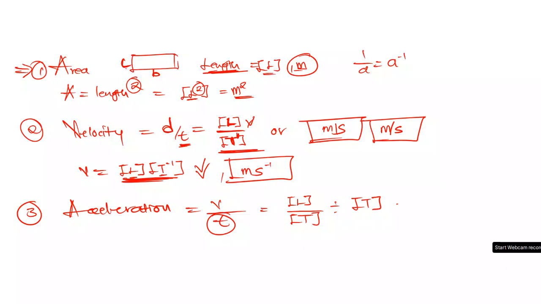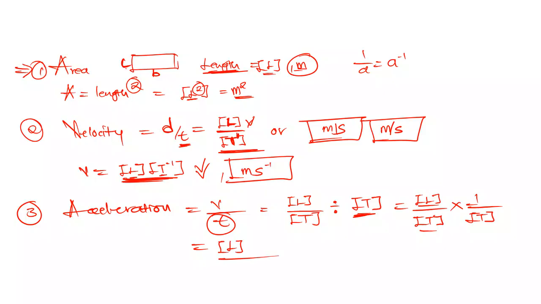When we are dividing, we say L over T. So we are going to change the sign from division to multiplication, but we have to reciprocate this dimension for time, so it's going to be 1 over T. If you multiply out, you're going to say L multiplied by 1, we are going to get L. Then T multiplied by T is just T squared. So this is the dimension for acceleration.